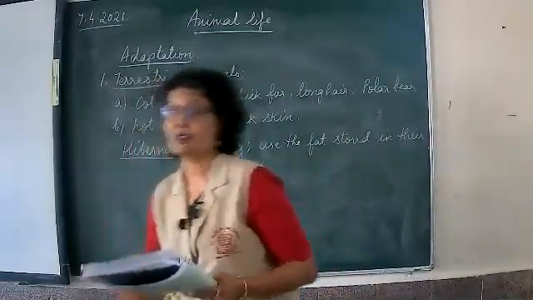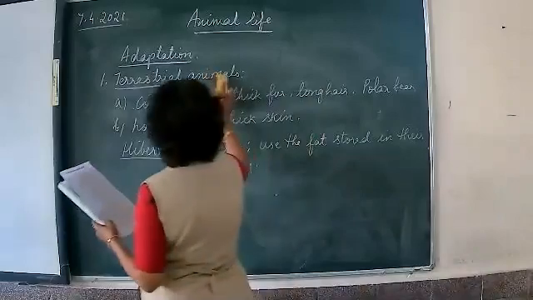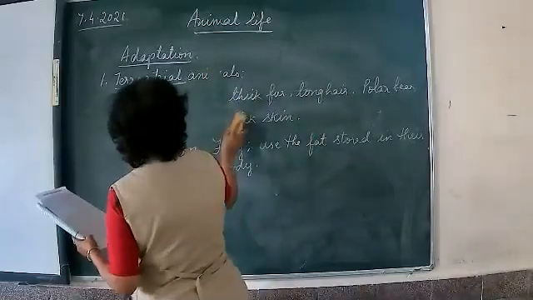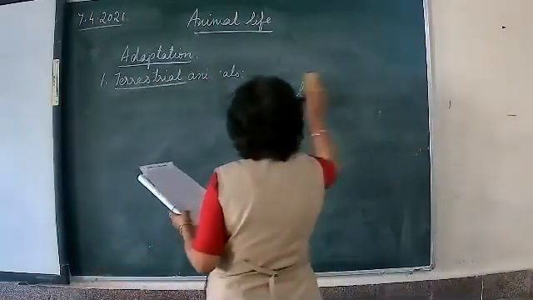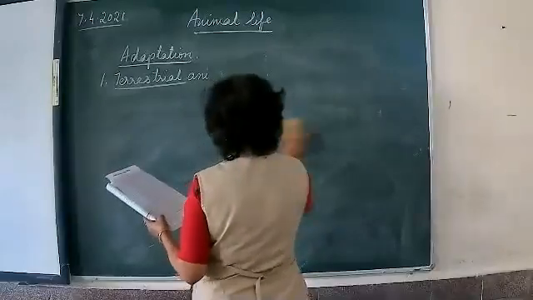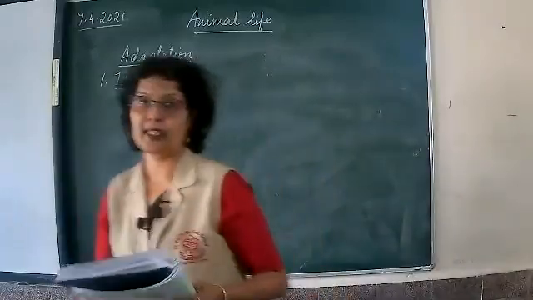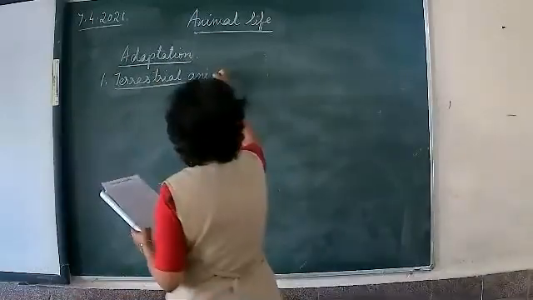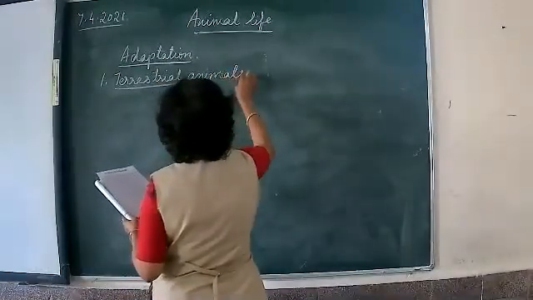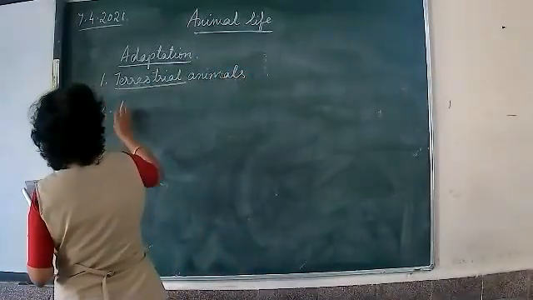Next we switch on to aquatic animals. We have done aquatic plants. Now in the same way here also we have got animals which live in water. They are called aquatic animals.